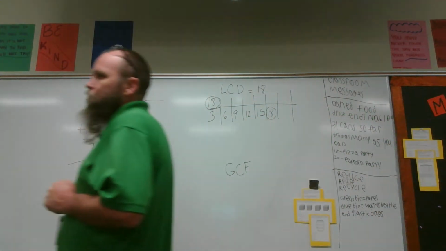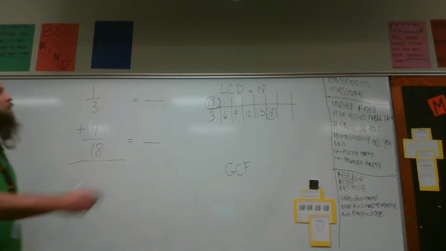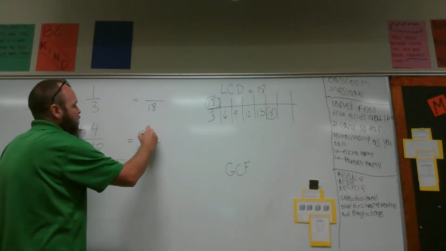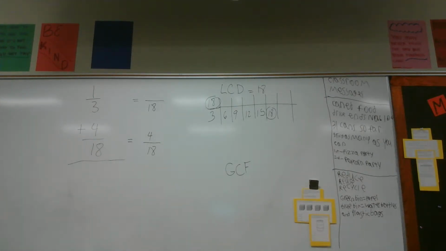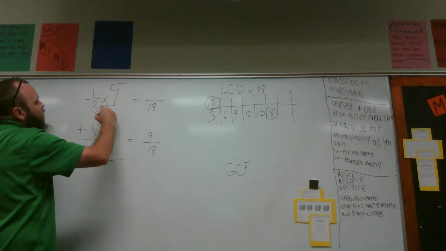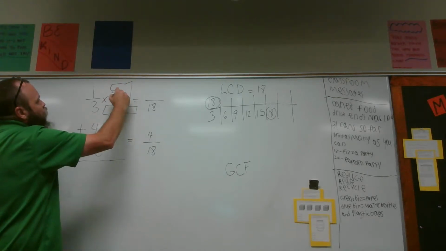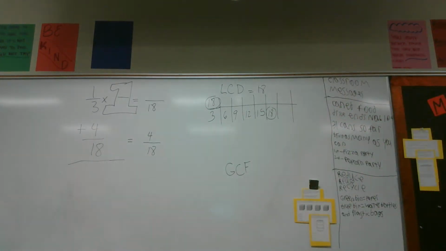I need to change 1/3 to something over 18. I can leave 4 over 18 because it already has that common denominator, because 4/18 is equivalent to 4/18. I need to multiply 1/3 by a fraction that equals 1 that gives me a denominator of 18.